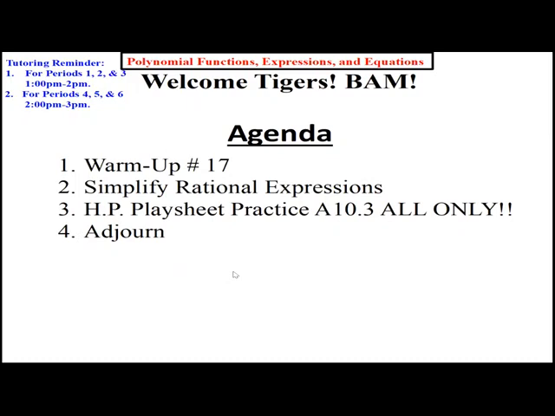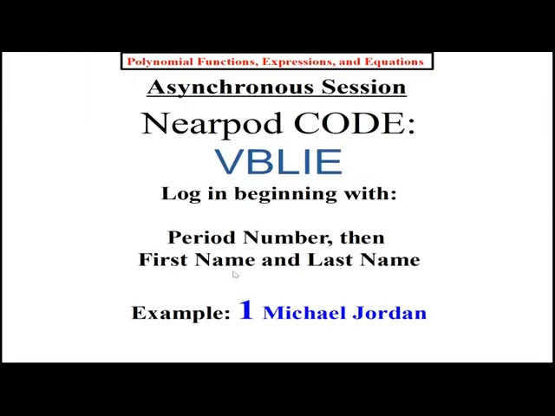Our asynchronous code is VBLIE. Once again, when you log in, make sure you put the number first of the period that you're in, your first and your last name.